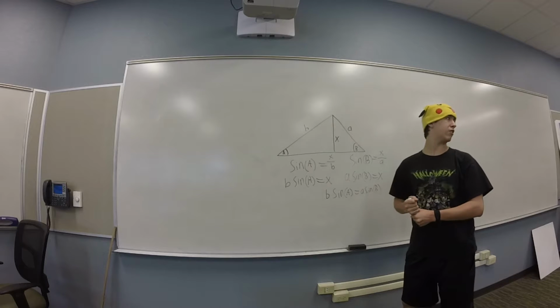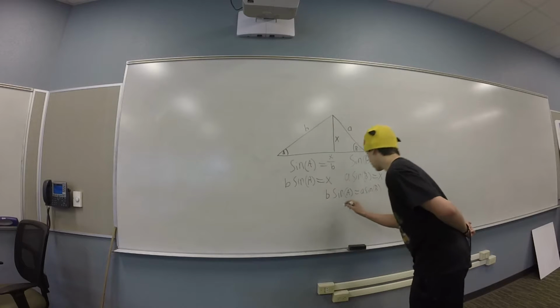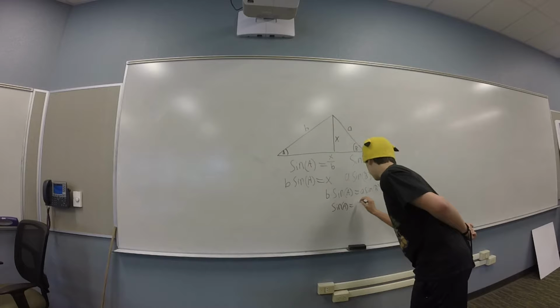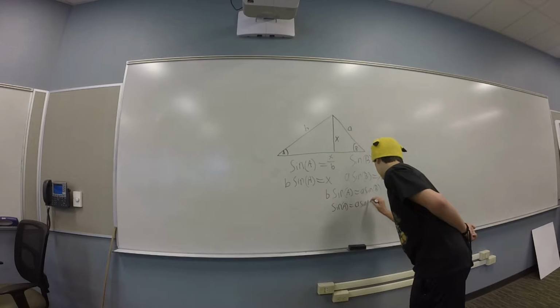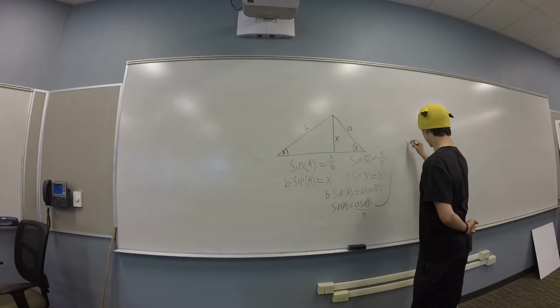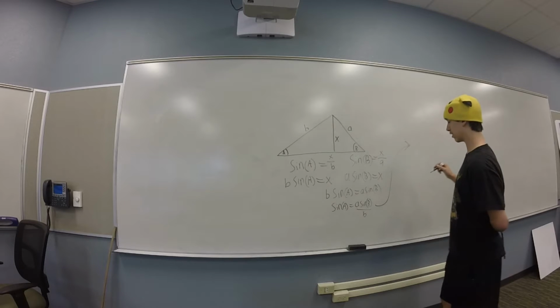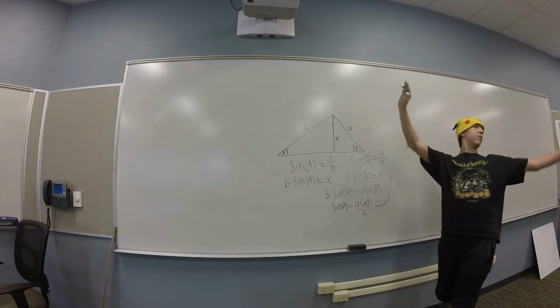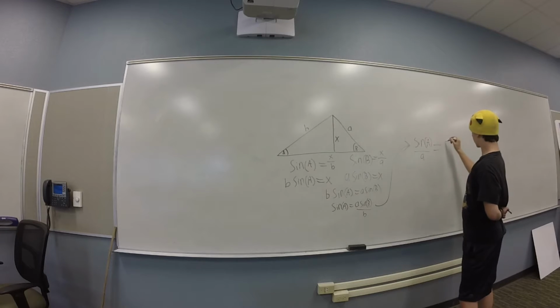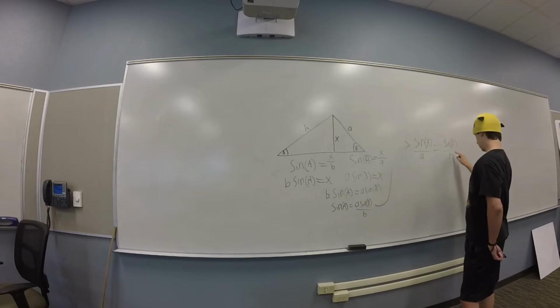But that means b times the sine of A is equal to a times the sine of B. And it's very simple to get to the law of sines from here. First we divide by b and we get sine A equals a sine B divided by side b, and then we divide by a, and finally we get sine A divided by a equals sine B over b.